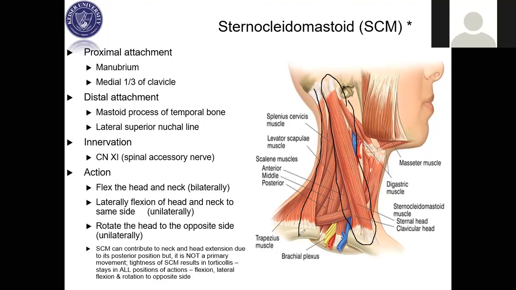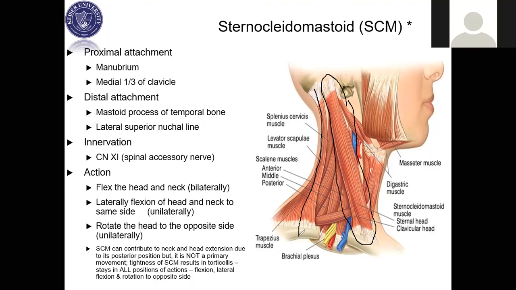Now, when you get your flashcards, one of the actions that some of these flashcards has is the contribution to neck extension. I don't want you to worry about sternocleidomastoid as a neck extender. It is not a primary mover of that movement.